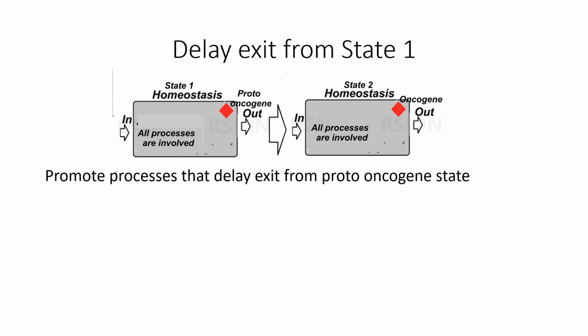Which means that suppose you are here in the proto-oncogene state, which is a healthy state, and if you know how to activate processes in this healthy state that delay the exit from state 1, you reduce the probability of oncogene, the probability of cancer. And this I shall explain in another presentation.